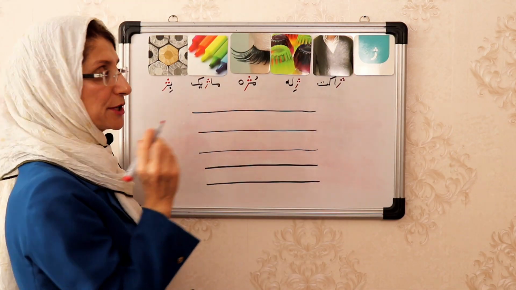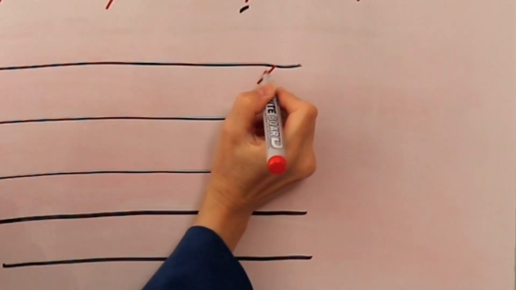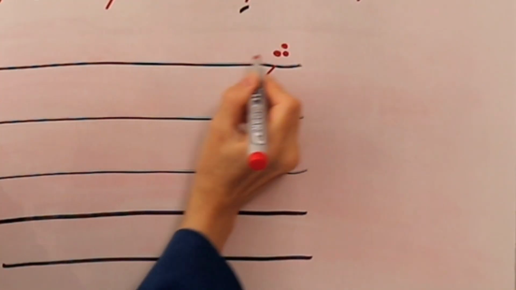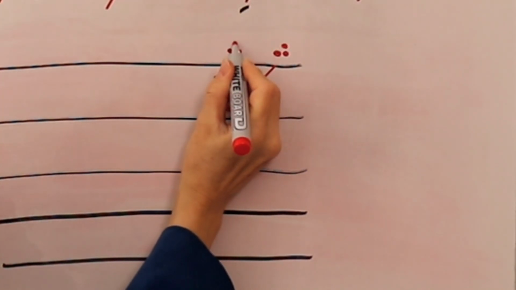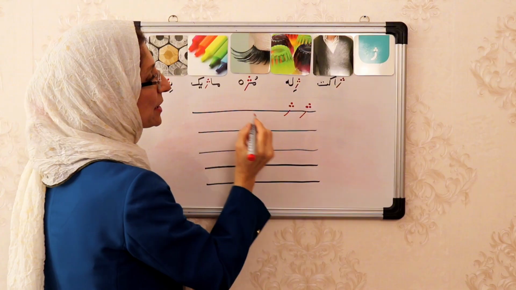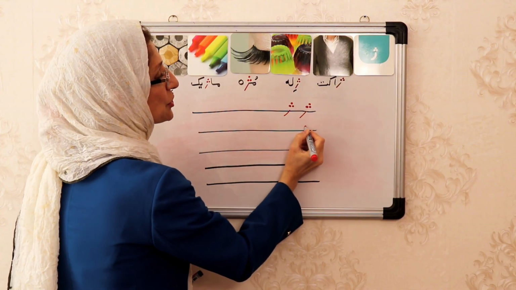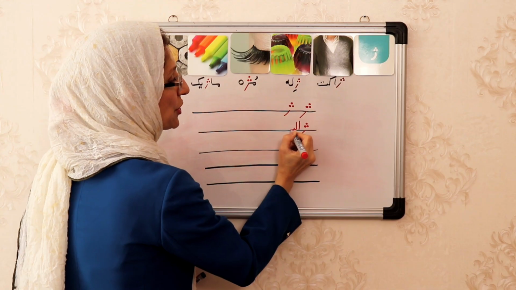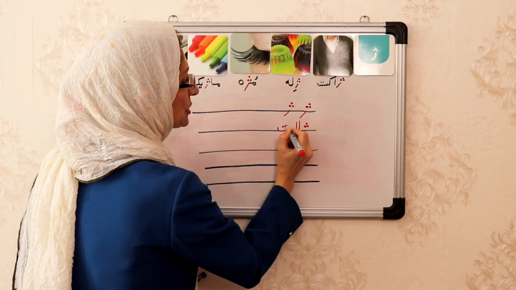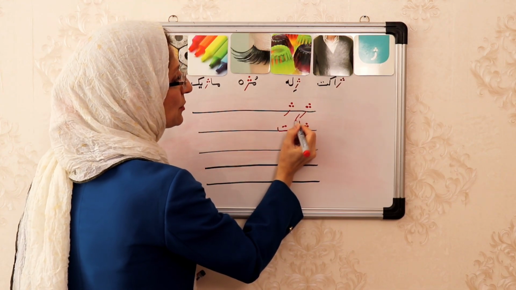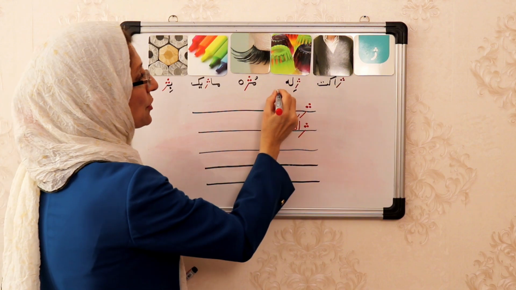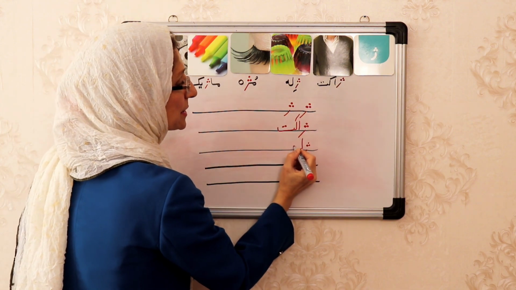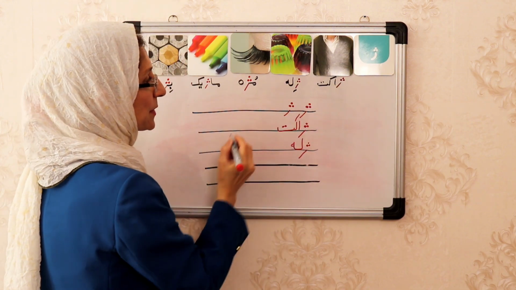Now your homework. Write one line, j. One line, write jacket. By the way, jacket is a loan word. One line, gilet.